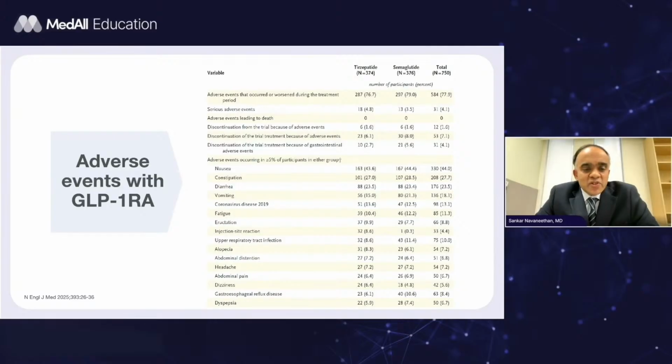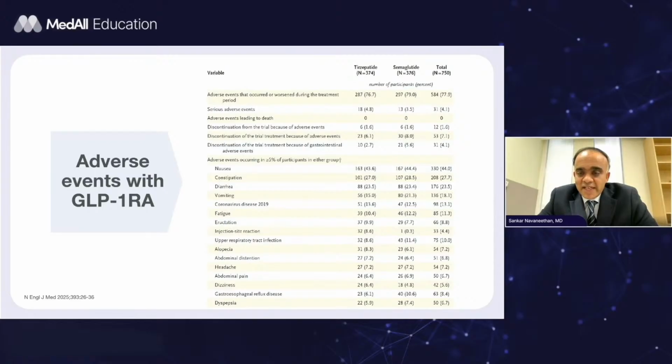The adverse events with GLP-1 RA, and this is a study that compared tirzepatide, the GLP-1/GIP, to GLP-1 RA alone. And comparing both those agents, you can clearly see the GI side effects that predominantly happen with either one of these agents.